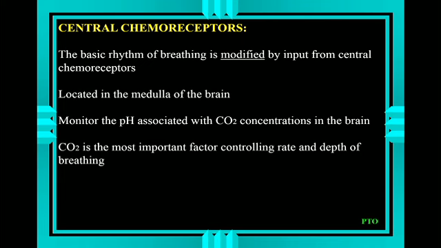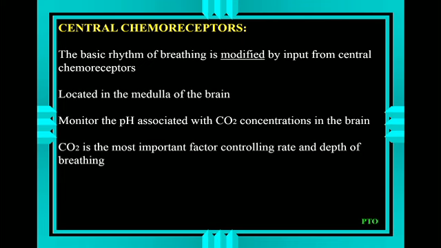Those central chemoreceptors are located, as I already flagged, in the brain, particularly the medulla of the brain. Now you might say, yeah, that's right next door to the respiratory centres. Well, yeah, good. They need to be next door, so it's very quick, rapid communication. They're only a few millimetres away.